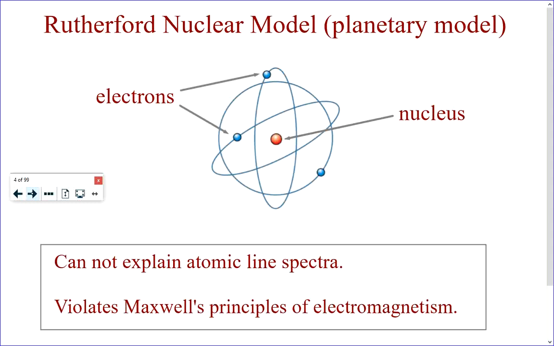Hydrogen atoms contain a single proton and a single electron. If Rutherford's going to claim that the proton is the nucleus, which it is, and the electron is in some kind of orbit around it, he's got to explain why you get these 4 wavelengths of light.